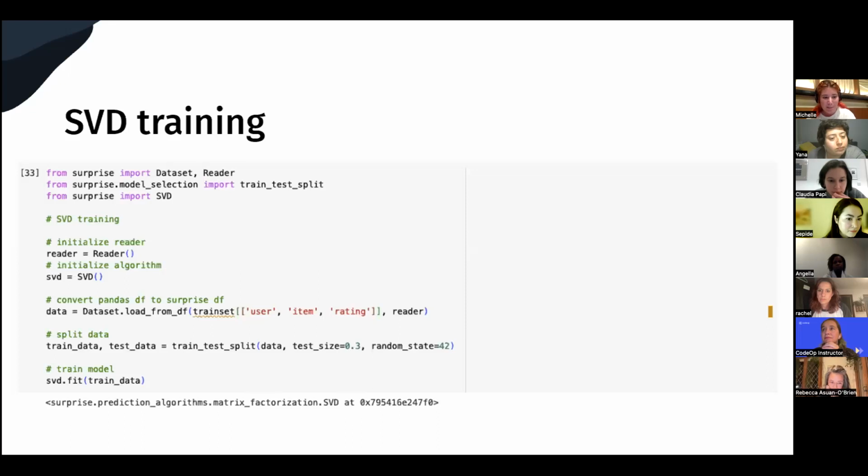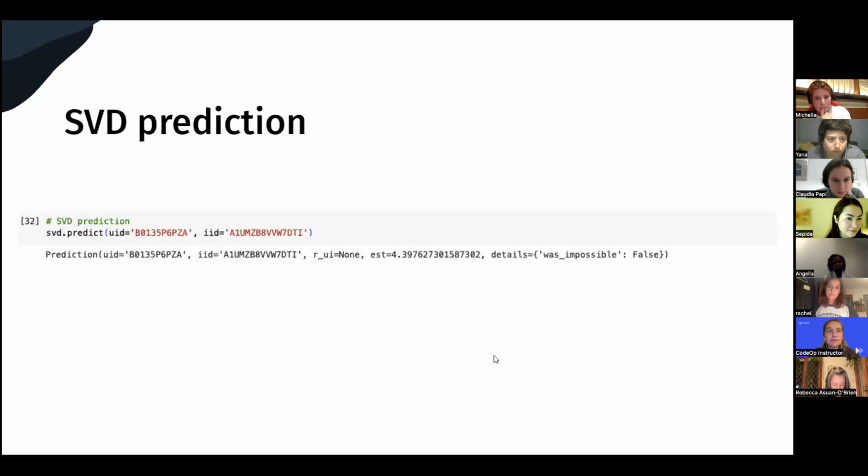As cohort mates will remember, it's a supervised model, meaning we split the data into training and testing sets. And then we train each model with the training data. Then we can make predictions by giving the model a user and an item.